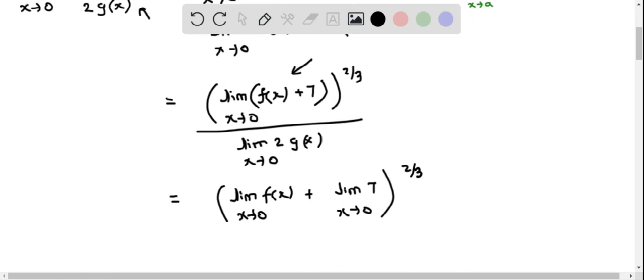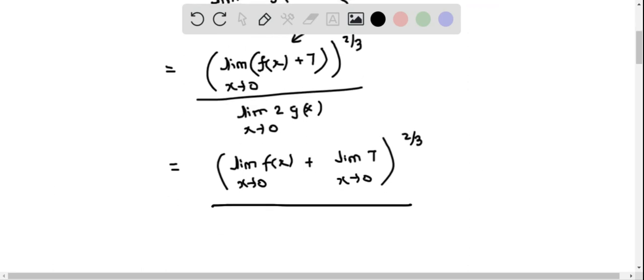Similarly, we can evaluate the denominator limit. We have the limit of 2 times g of x. 2 is a constant, so using the constant multiple rule, we can factor the 2 out of the limit. So this becomes 2 times the limit of g of x as x approaches 0.